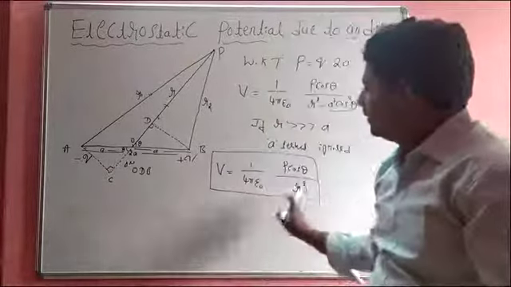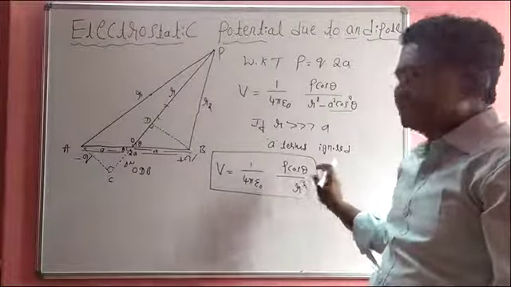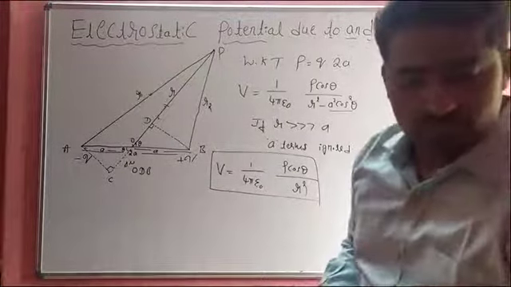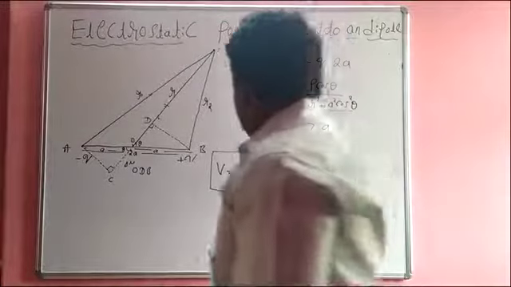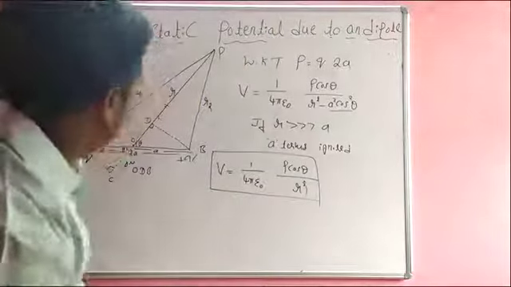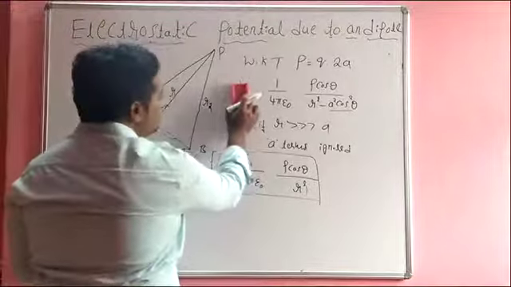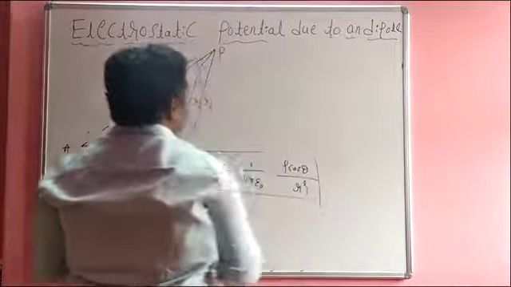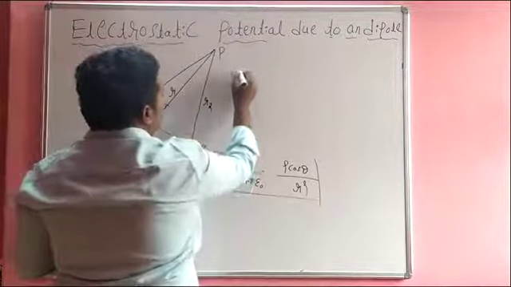So the potential is 0 because the cos 90 value is 0. So write down the cases.